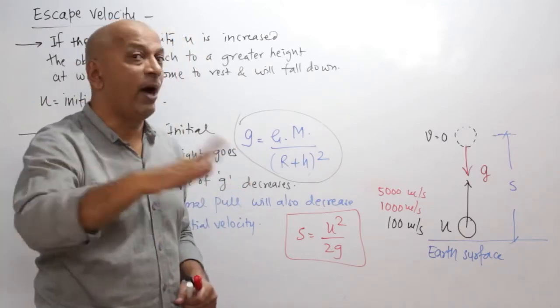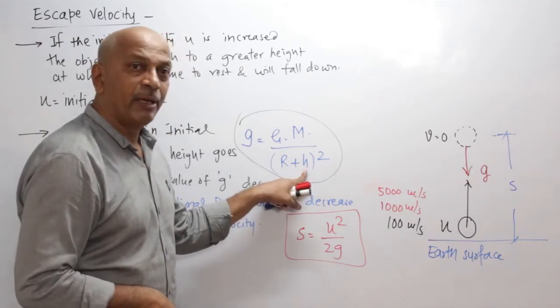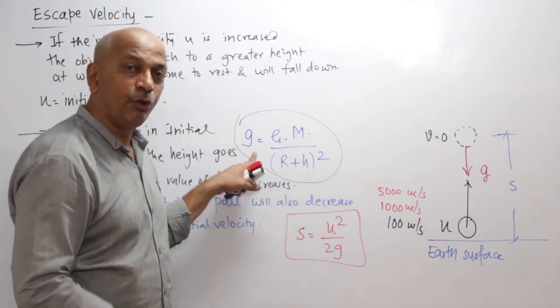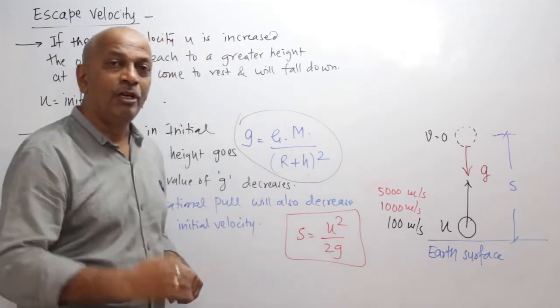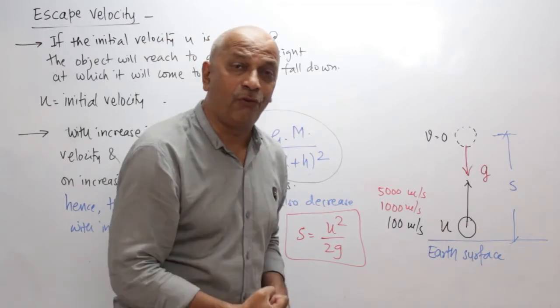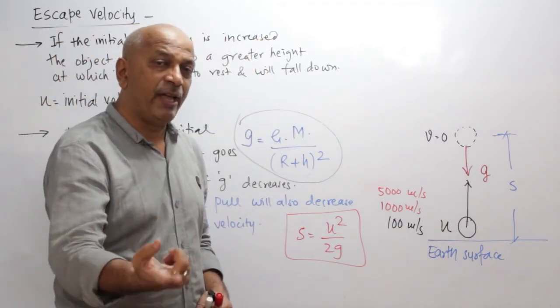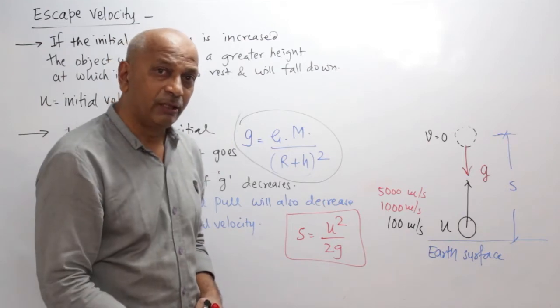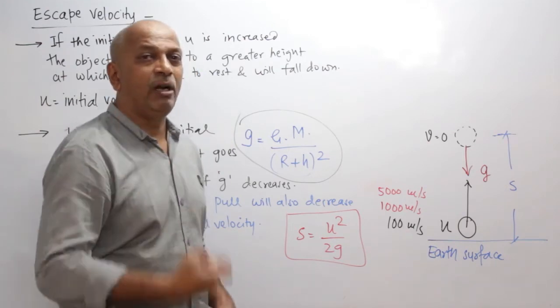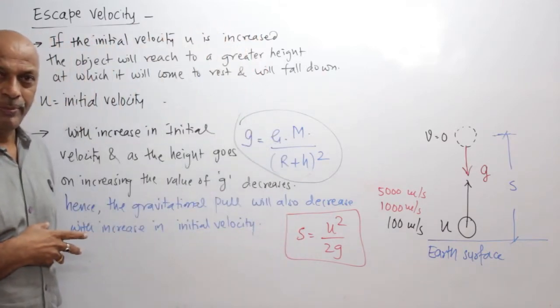तिथून तो खाली परत येईल का? नाही येणार. Why it will not come? कारण at infinity the h will become infinity, the g will become 0, and if the g is 0, then gravitational pull will be 0, and it will never fall back. And that initial velocity, when it will never come back to Earth or the planet, is called as escape velocity. कुछ समझ में आ रहा है?